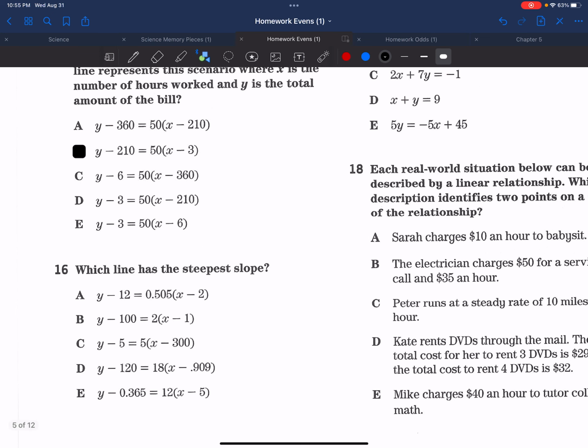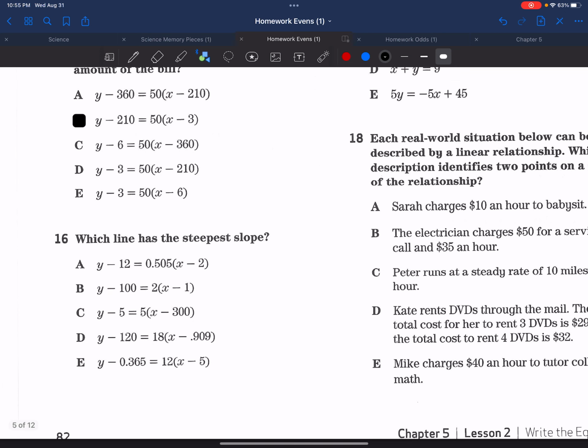Number 16. Which line has the steepest slope? Oh, for a whole page of these. Look at your slope. Remember, in point slope form, that's right before the parentheses. The steepest is the biggest.